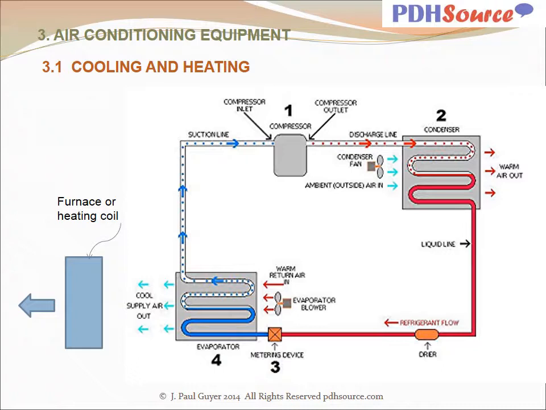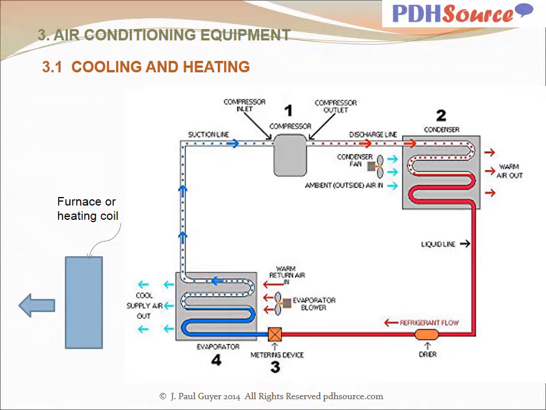The typical heating media are hot water or steam, and so either hot water or steam is pumped into a heat exchanger, and the cold return air from the occupied space is pushed through the heat exchanger and is heated up by the heating coil. So the device that heats the air in the winter when you want heating is typically either a furnace or a heating coil.